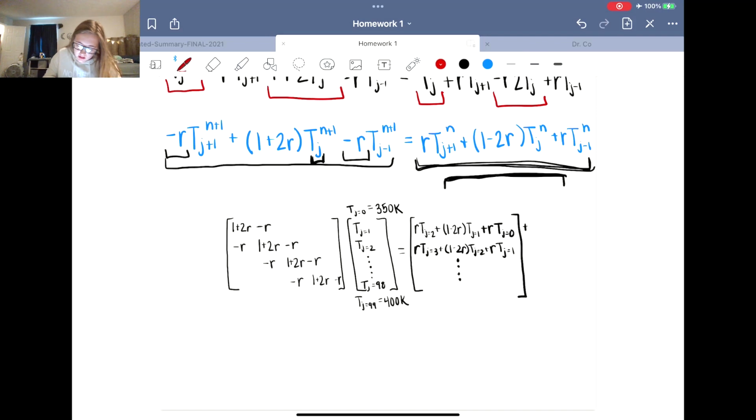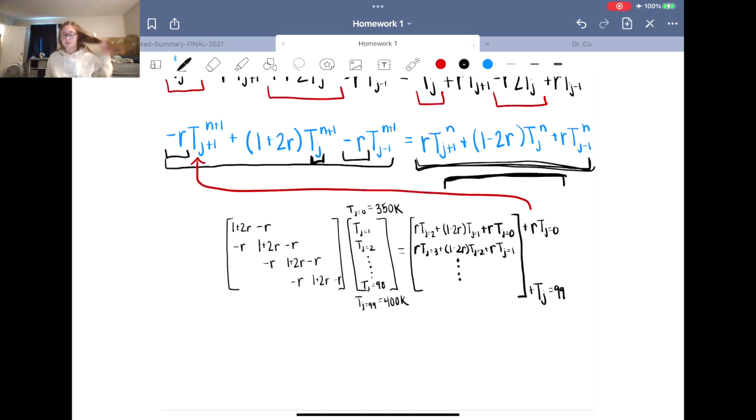So we are going to grab it from this one. So plus r t when j equals 0. And then we'll also get plus T j equals 99, because for the first time step, we have to add those in there. And this one will come from this one.